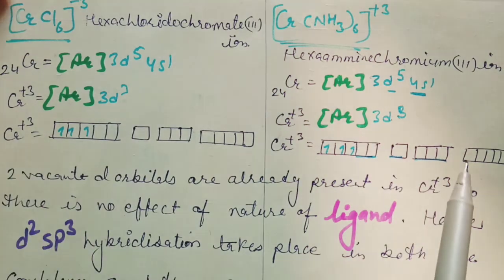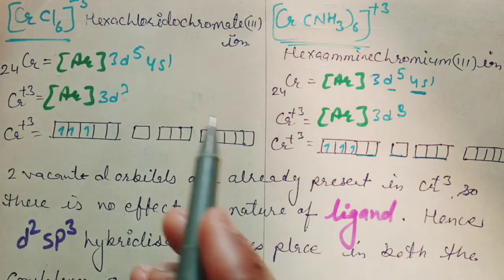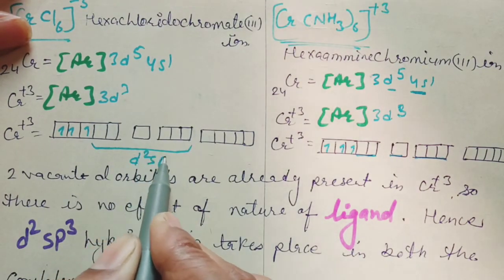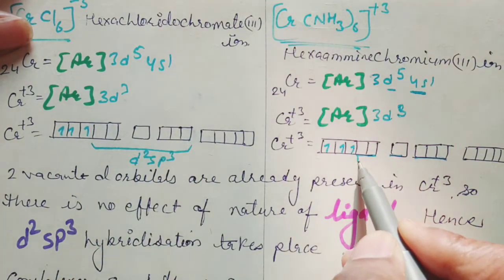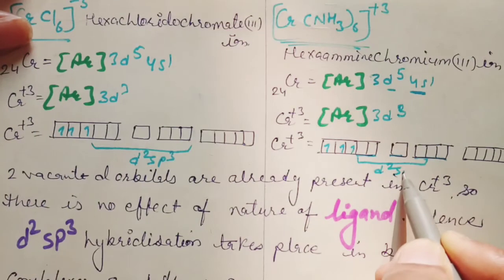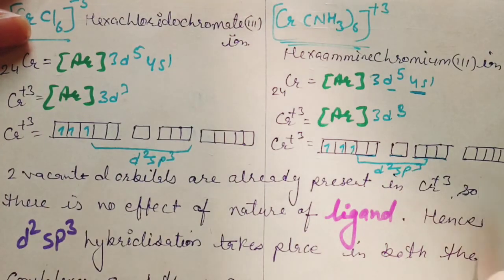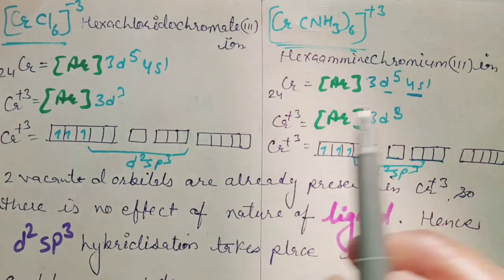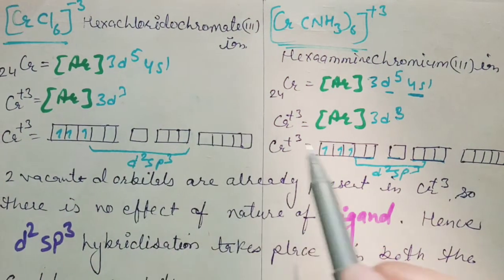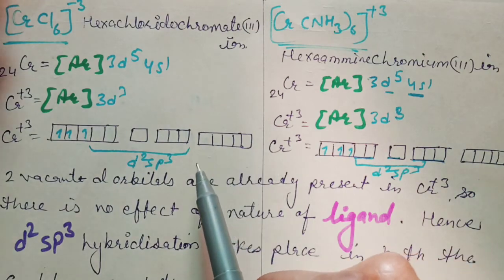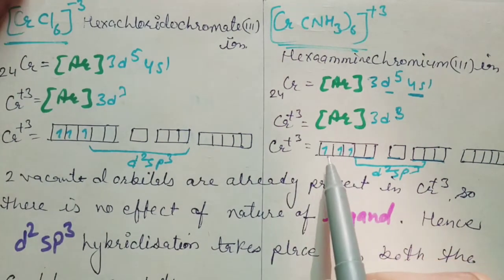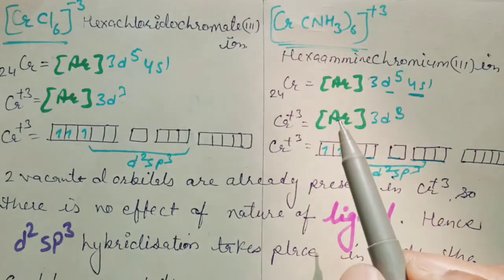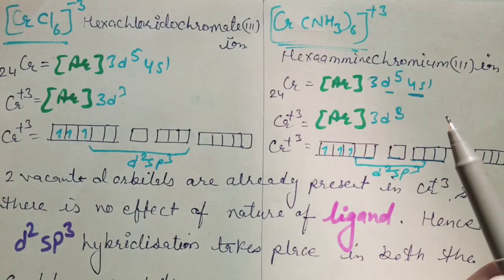So there is no effect of the ligand nature. So here the hybridization will be d2sp3. Here also the hybridization will be d2sp3. Okay, so both the compounds are octahedral, both are inner orbital complexes, both are low spin complexes, and both have unpaired electrons, so both are paramagnetic and colored also.